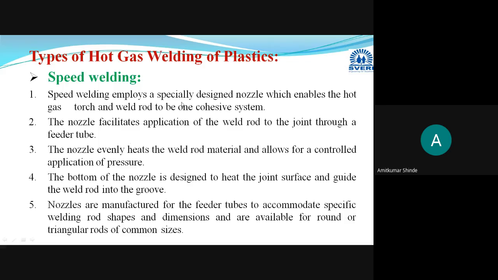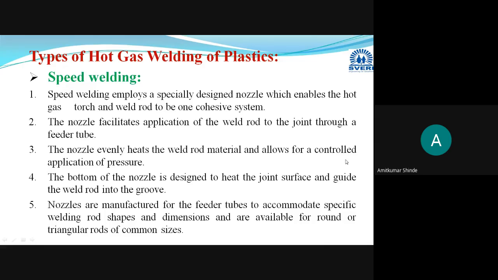Speed welding employs a specially designed nozzle which can hold the gas torch and a welding rod also. This nozzle system is made in such a way that one feeder tube is there, and the feeder tube holds the weld rod.